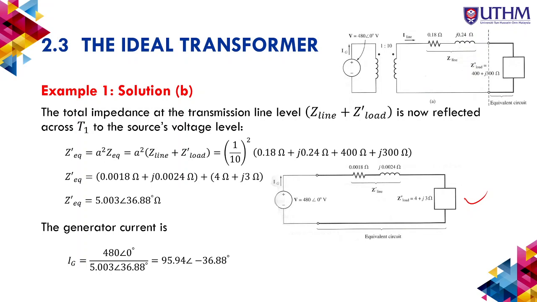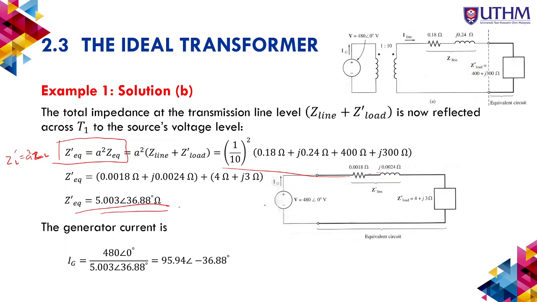So then it becomes Z equivalent prime. Z equivalent prime is equal like this. The equation is still the same. So Z L prime equal to A square Z L. We simplify, and then we will get this value.